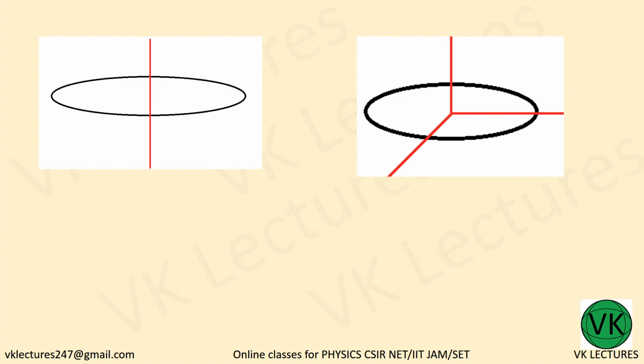Now, understanding the perpendicular axis theorem for a circular ring, let this be 1.